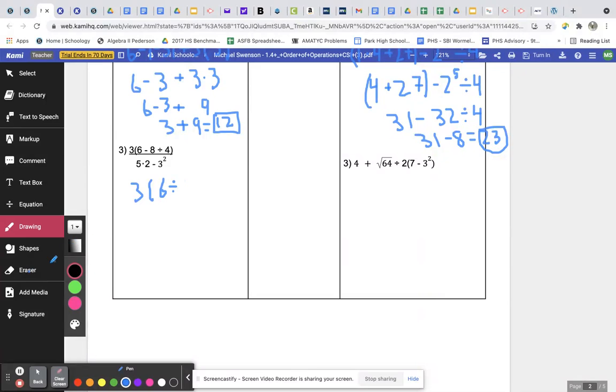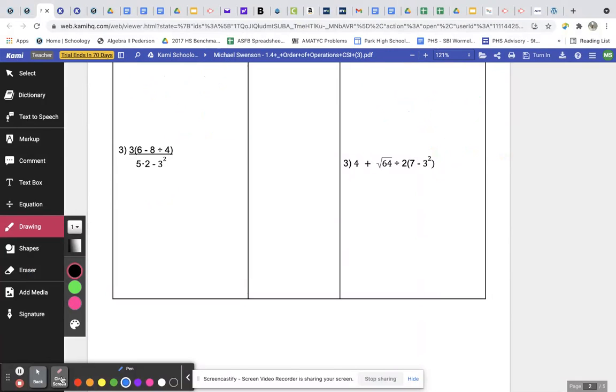That should be a subtraction sign. This is 3. And this is 6 minus 2.